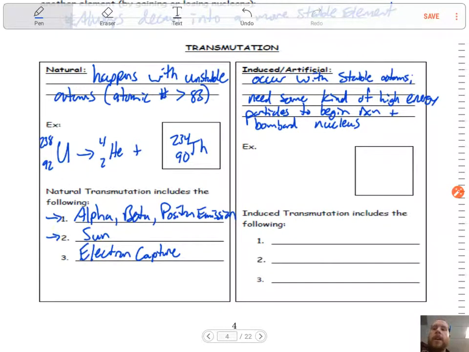So an example could be something like nitrogen-14. We could hit it with an alpha particle, and it would produce something like fluorine. Induced transmutation includes the following, where you can bombard, basically shoot particles at the nucleus.